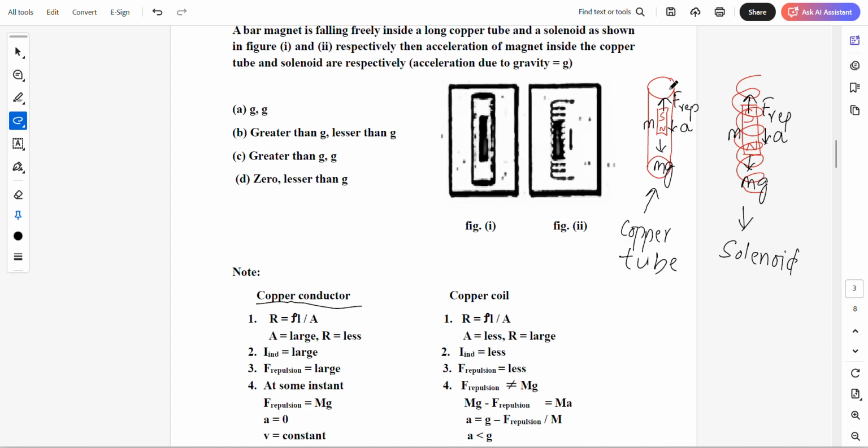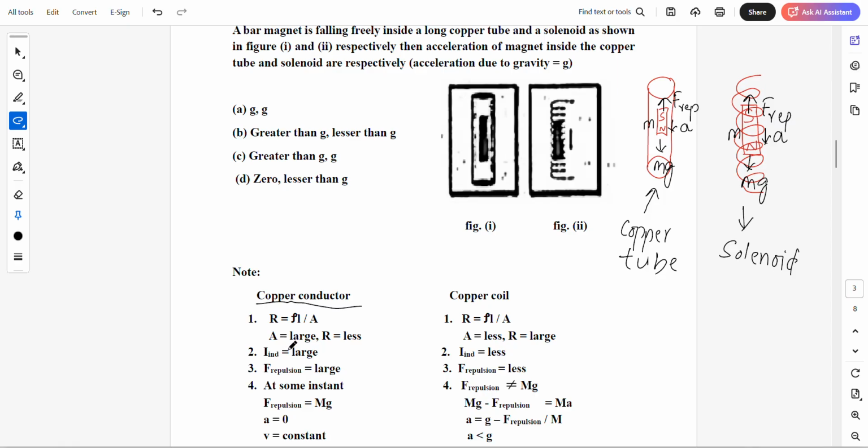There is a tube like this, in the shape of a tube, and this is the coil, solenoid. Now here the magnet is made to fall. Let us say this is north pole, south pole. M is the mass of the bar magnet, mg force downwards, F repulsive upwards.